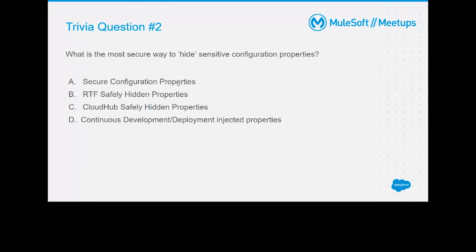In my opinion, and a lot of other people share this, if you can inject your properties as part of your CI/CD tools, that allows those tools to keep the file secure. One of my customers uses Azure DevOps to do just that. That limits who has access to my production environment, and I can secure them using Azure DevOps, which probably means I'm using my existing AD solution. That is the absolute best way to safely hide sensitive configuration properties.